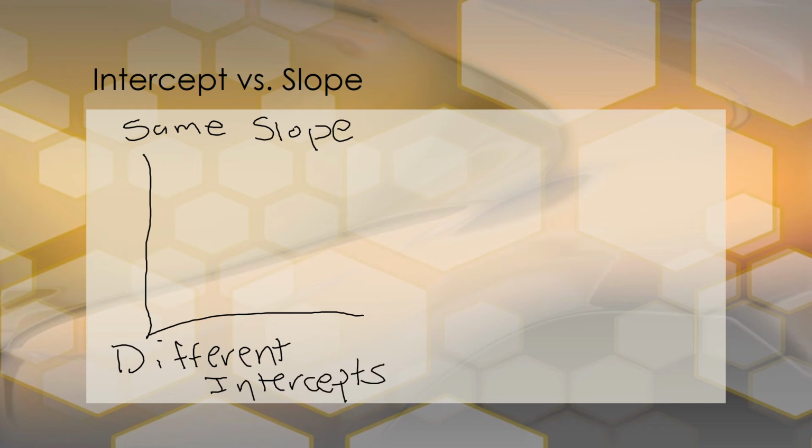Okay, so here's one line, here's another one, and here's another one. So they increase by the same amount. It's not perfect because that's drawn by hand. But you can see the y-intercept, where x equals 0, is different.